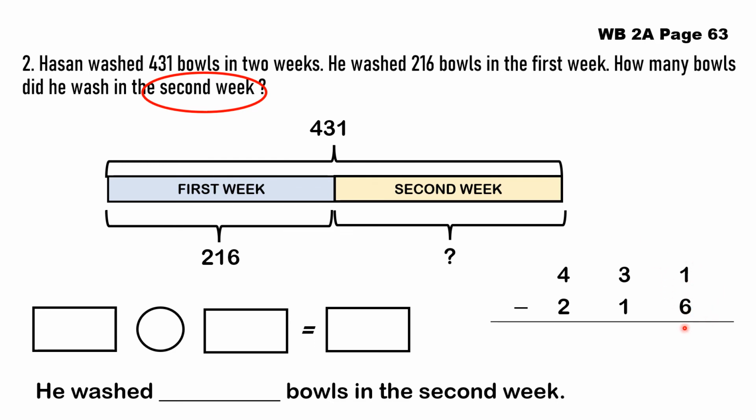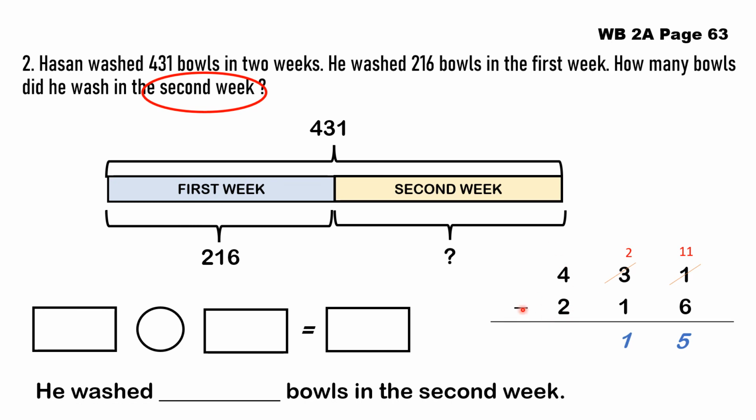Starting from the back, 1 minus 6 cannot. So we have to borrow from the digit 3 in the tens. So 3 will become 2 and 1 will become 11. So 11 minus 6, we get 5. Next, in the tens, now we have 2 minus 1 to get 1.